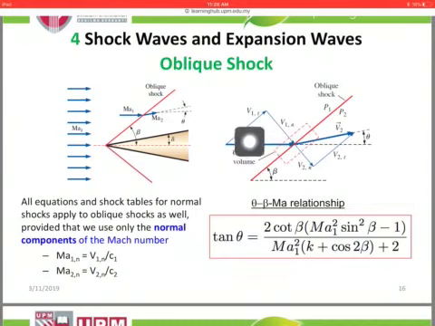But for the tangential components, V1 tangential and V2 tangential, these two are the same. V1 tangential is equal to V2 tangential, because they are acting tangential to the shock wave, so it will not affect them.